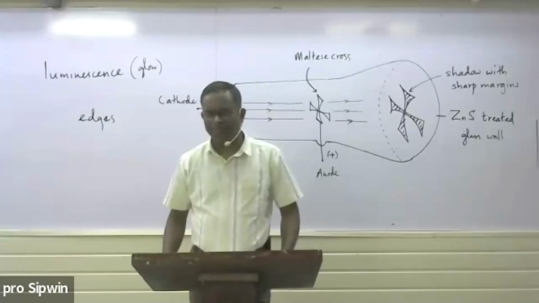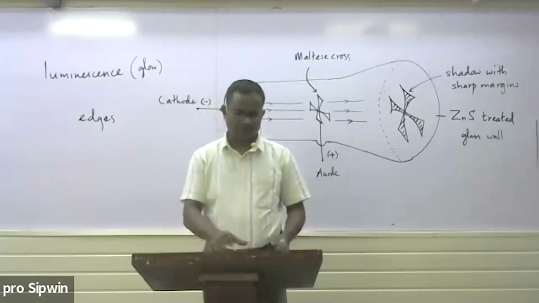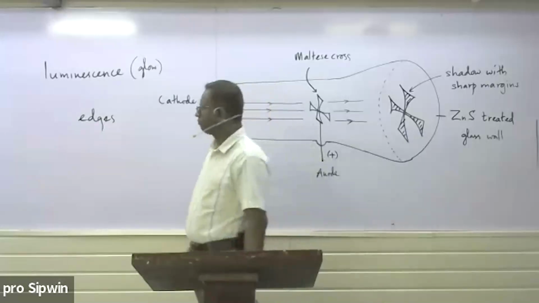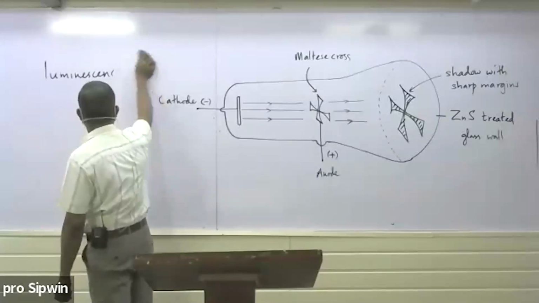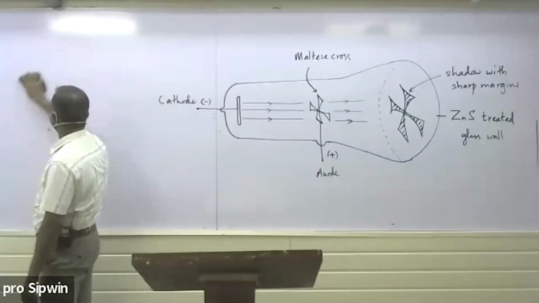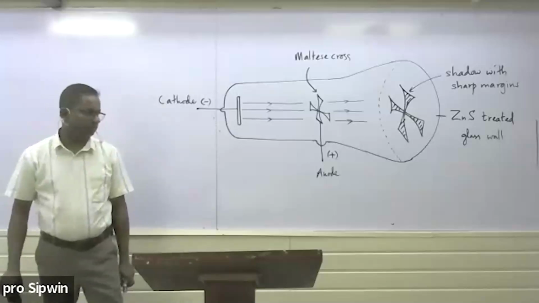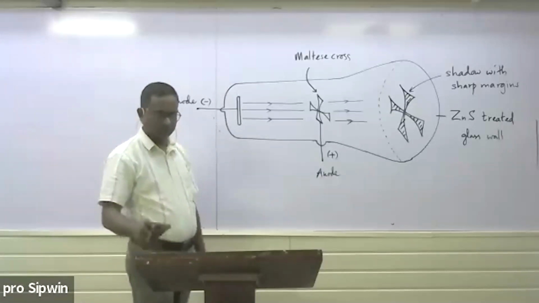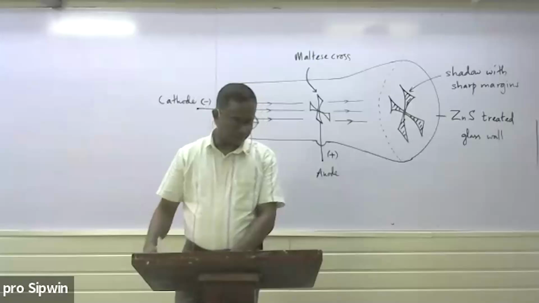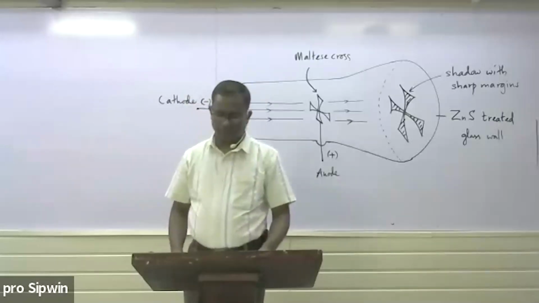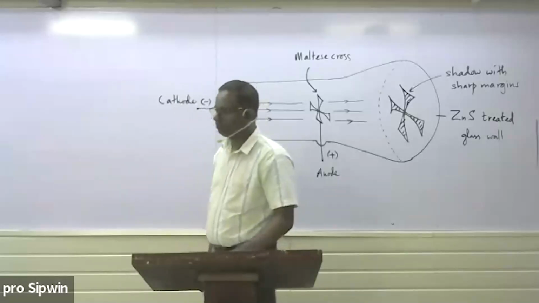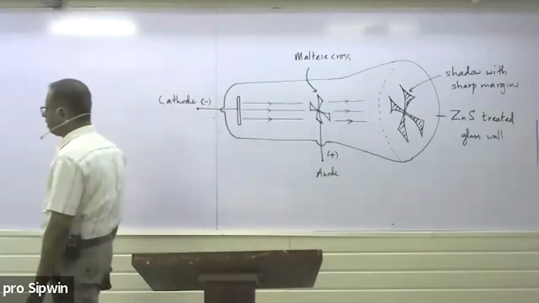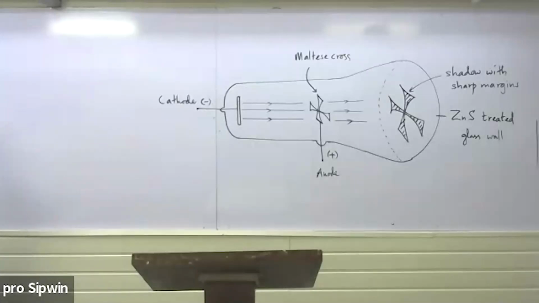Underline sharp margins, edges. Thereby it is confirmed that the cathode rays travel in straight lines.